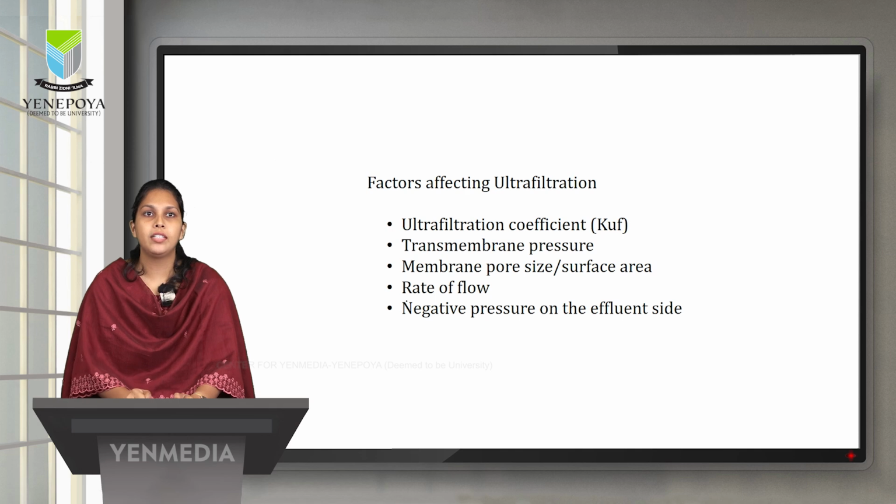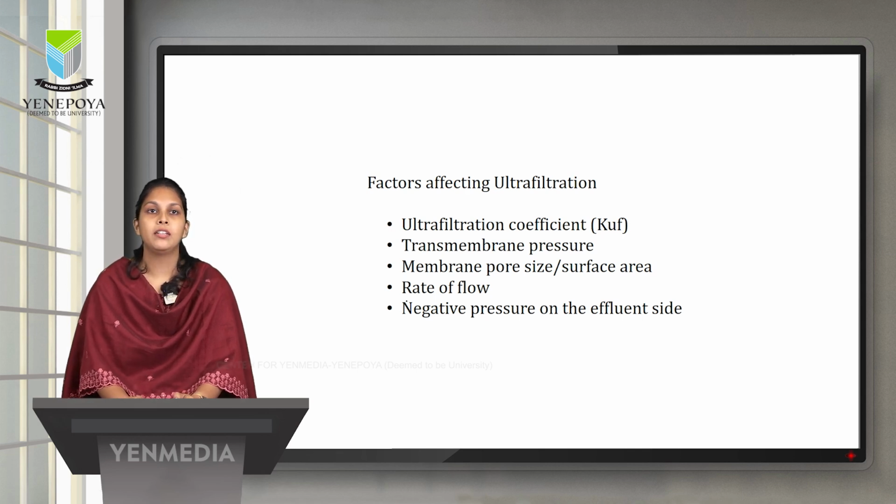The next factor is membrane pore size or surface area, and the next is rate of flow. The blood flow and dialysate flow also affect the ultrafiltration rate. If we increase the blood flow rate and dialysate flow rate, ultrafiltration will occur more. Then the next one is negative pressure on the effluent side.